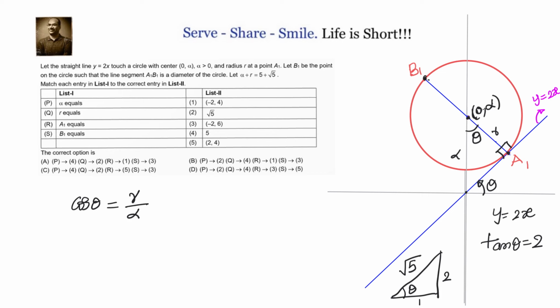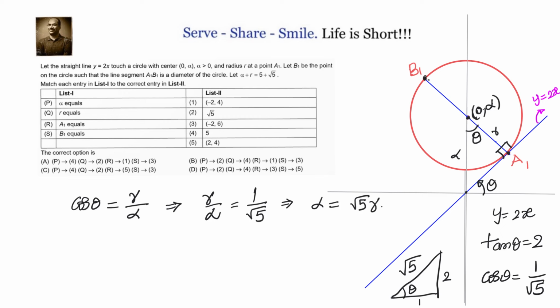Cos theta equals r by alpha, but from the triangle cos theta equals 1 by root 5. So 1 by root 5 equals r by alpha, or we can say that alpha equals root 5 times r. Now we have another condition which says alpha plus r equals 5 plus root 5.